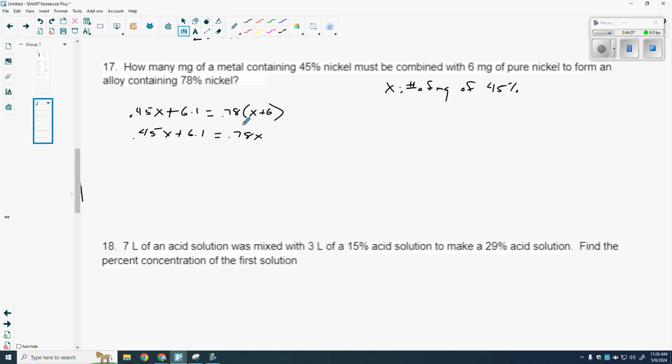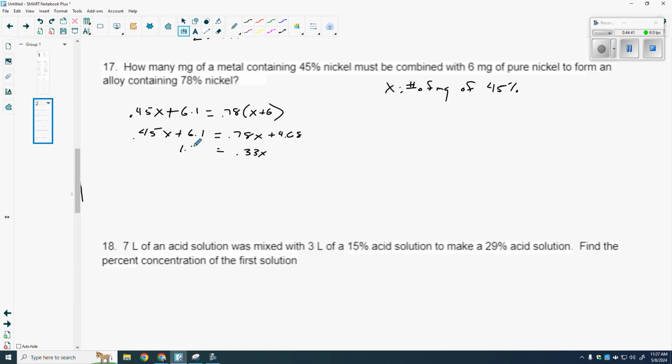Distribute. 0.78 times 6 would be 4.68. Do some rearranging. How about we bring the 0.45x to the right? Gives me 0.33x. Subtract 4.68. Gives me 2.45. Divide. Nope, sorry. That's 1.32.